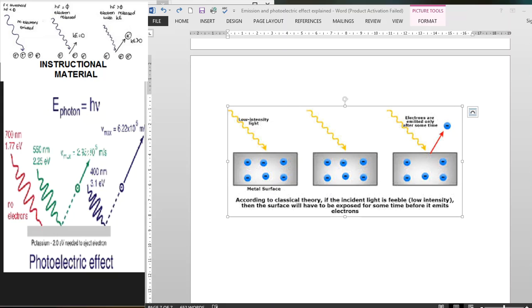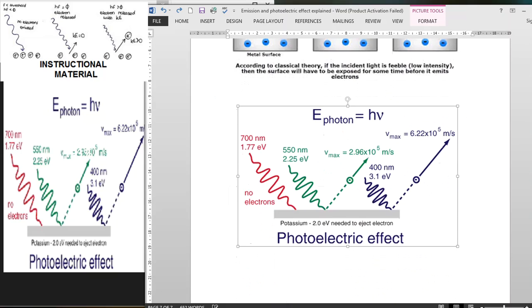But when the intensity of the light is very high, there is every tendency for the electrons to be emitted faster or on time. According to classical theory, if the incident light is feeble, that is low intensity, then the surface will have to be exposed for some time before it emits electrons.